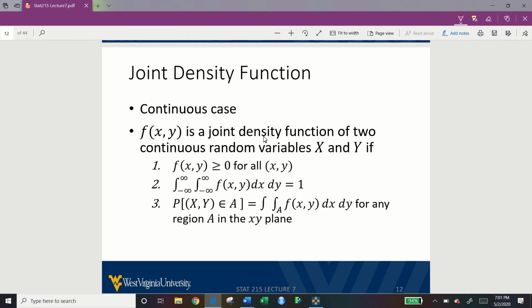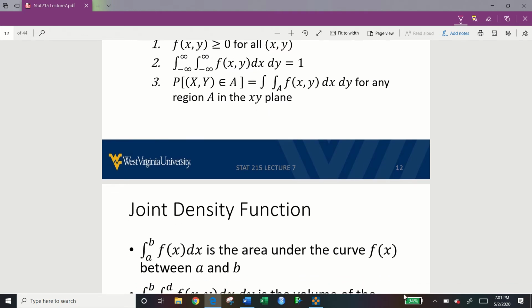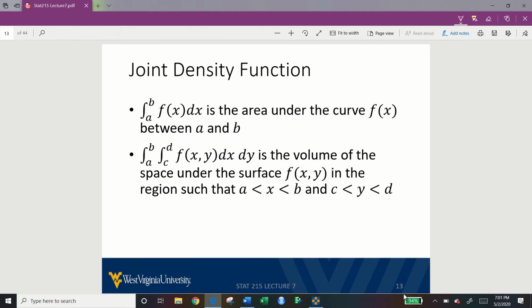So not bad. Let's do a quick example. Whoops, sorry, jumped ahead of myself. Let's look at this information first. So the integral from a to b of f of x dx is the area under the curve f of x between a and b.